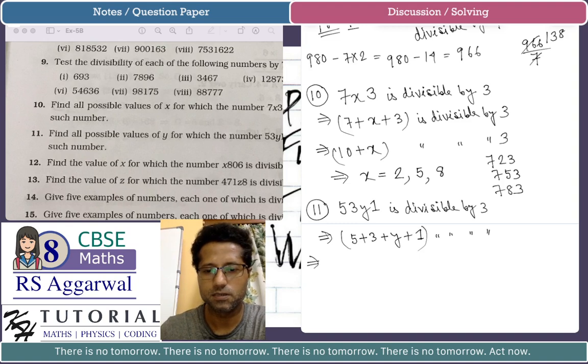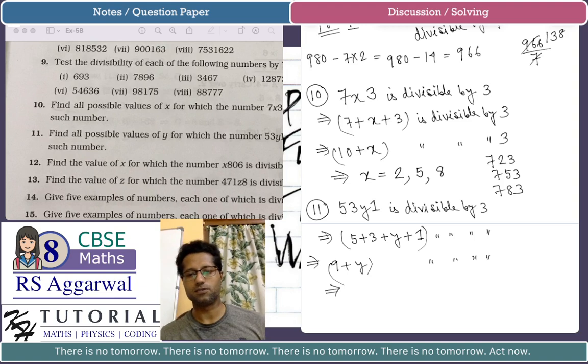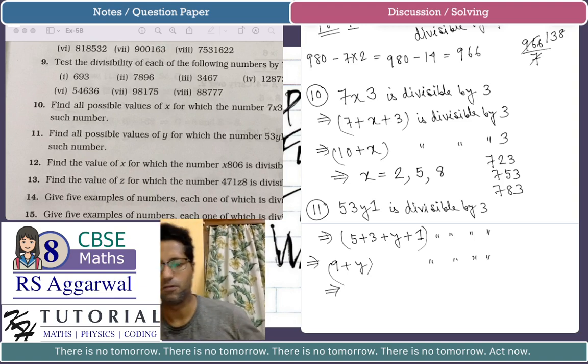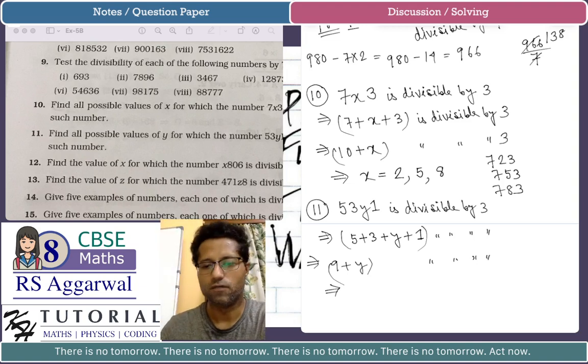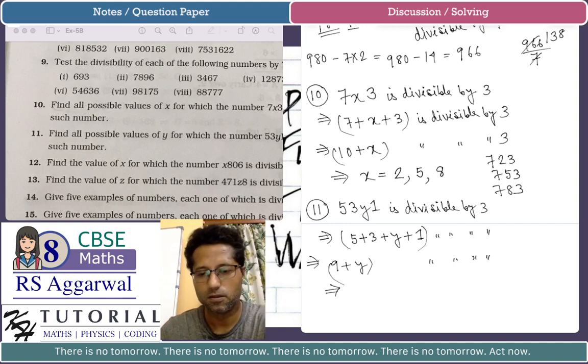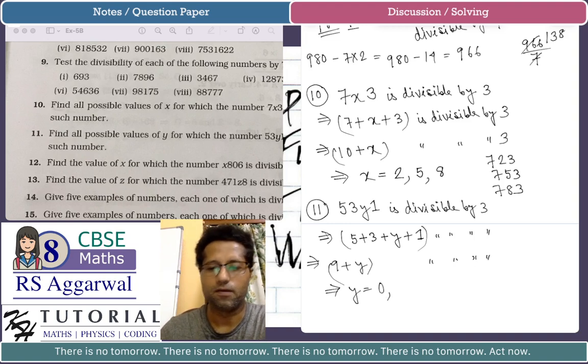This implies 9 plus y is divisible by 3. Now what can the values of y be such that 9 plus y is divisible by 3? Obviously y is a digit, that is it takes values from 0 to 9. So definitely y can have value 0, 3, 6 and 9.